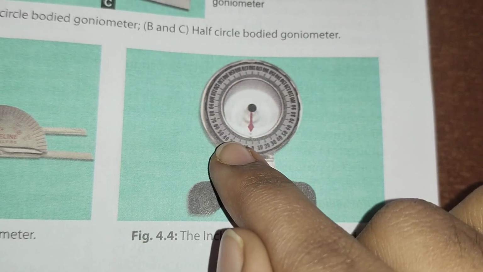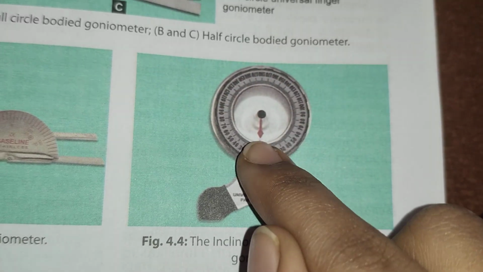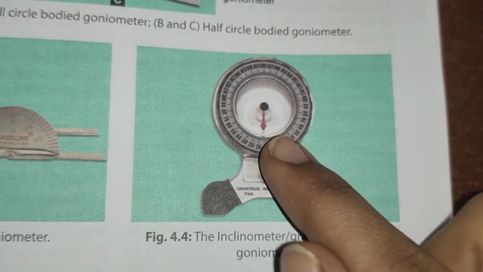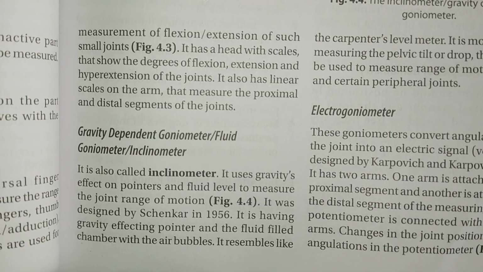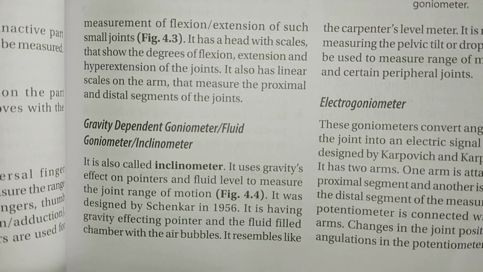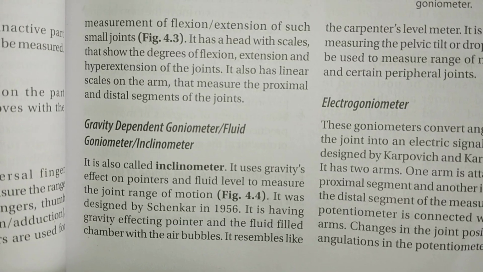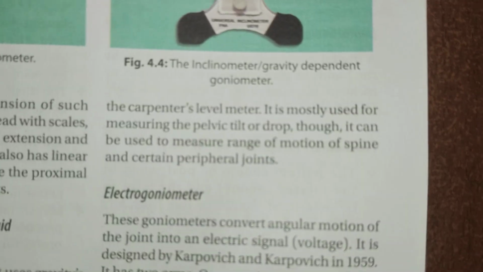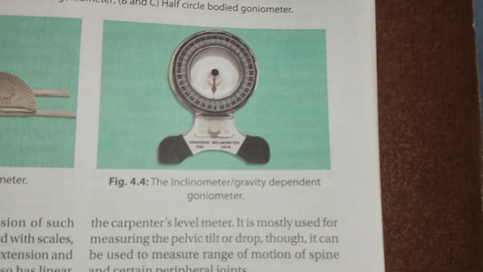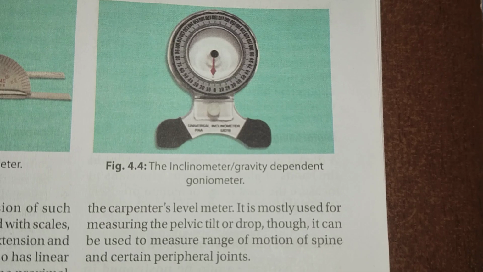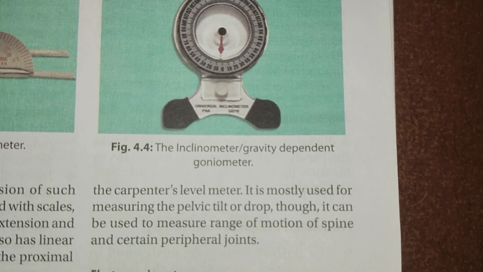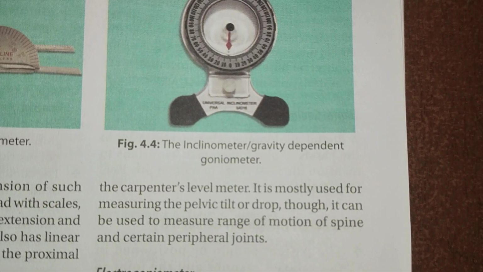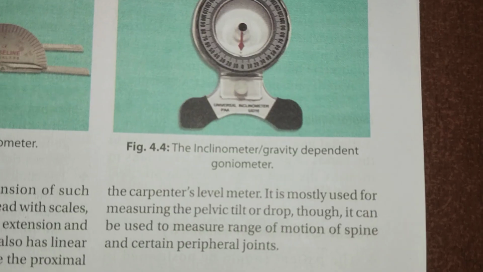This is called the fluid level effect. It uses gravity's effect on pointers and fluid level, and it is like a carpenter's level meter. It is mostly used for pelvic drop, pelvic tilt, and also the spine and some peripheral joints.